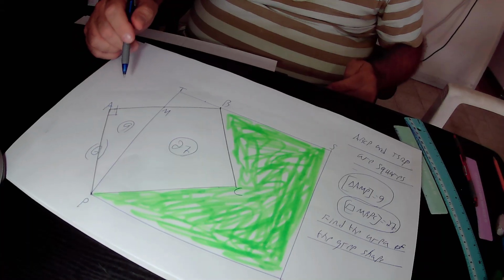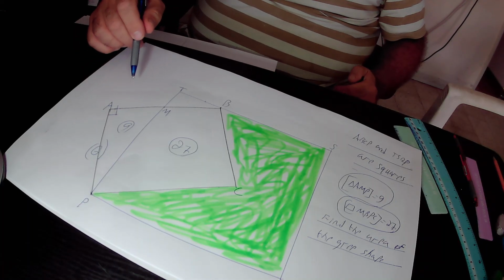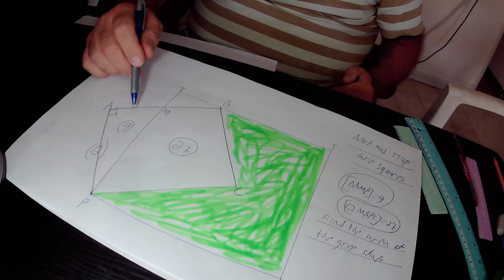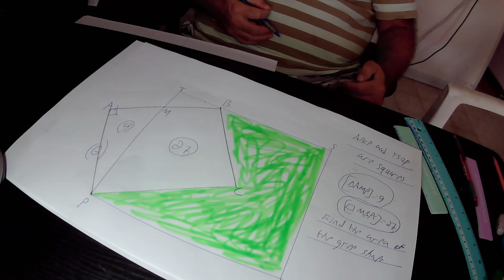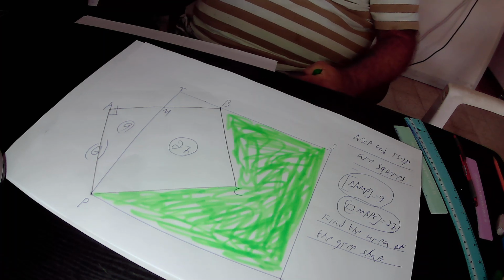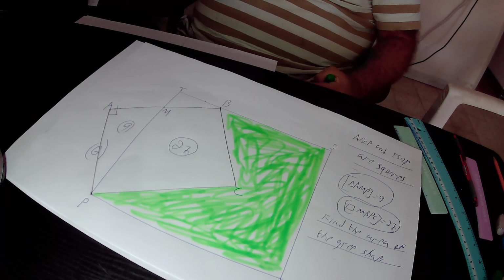It is given in the question that the area of the right triangle AMP is equal to 9 square inches. From the other side, we know that the area of any triangle equals the base times the height over 2.